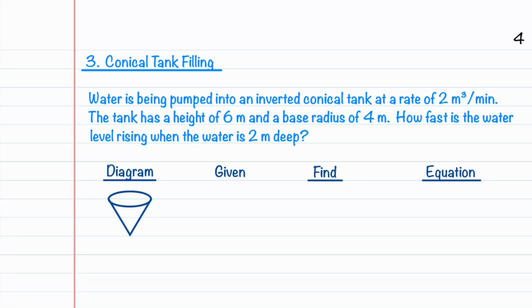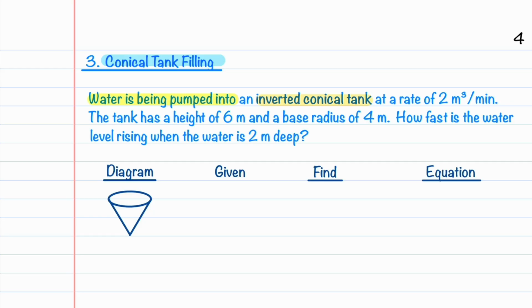We're going to go over a related rates problem that involves the filling of a conical tank. We are told that water is being pumped into an inverted conical tank. I have that picture down here in the diagram so you can see what it looks like.